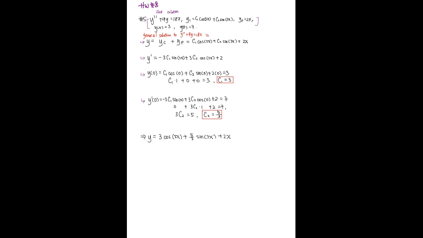And it's already given y sub c, which is c1 cosine 3x plus c2 sine 3x, and y sub p equal to 2x. What does yc mean? What does yp mean? yc is the solution of the homogeneous equation, and yp is a single particular solution to the non-homogeneous equation.